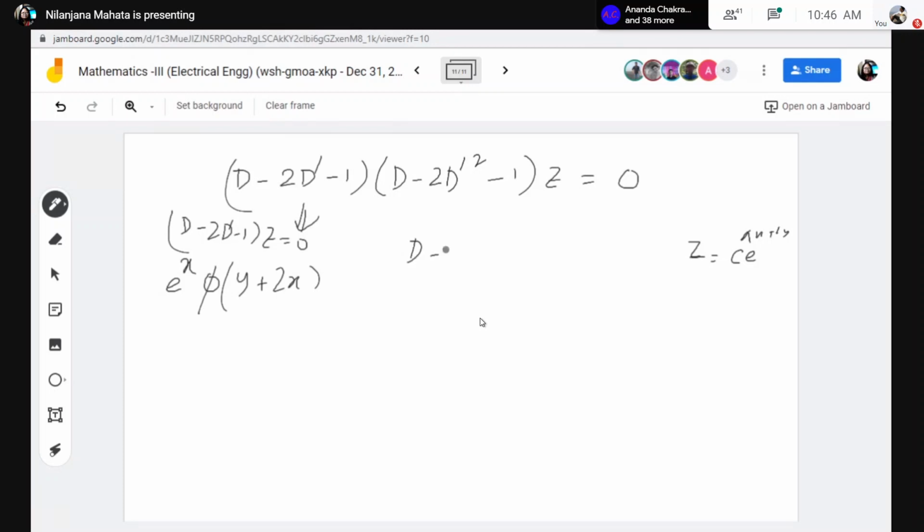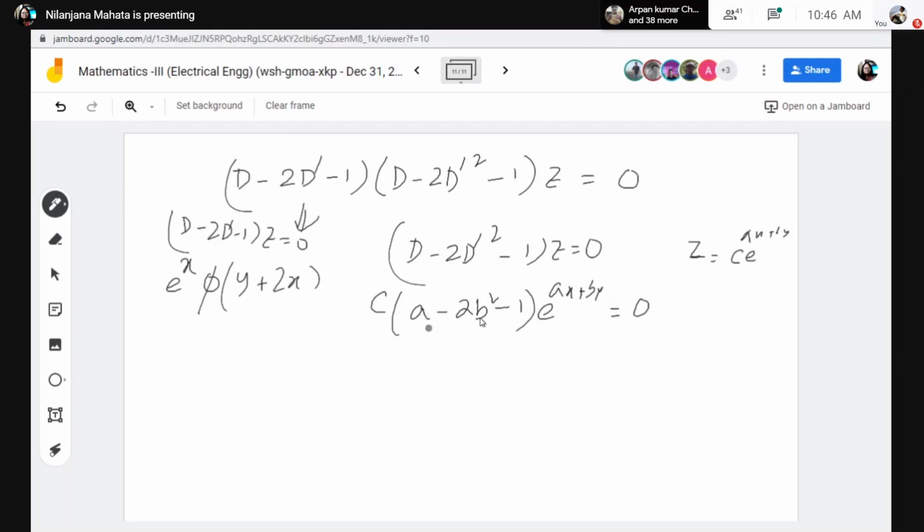And for D minus 2 D dash square minus 1 z is equal to 0, you substitute z is equal to c e to the power ax plus by. So you see this will be a minus 2b square minus 1 times e to the power ax plus by is equal to 0. You know this term won't vanish, so a minus 2b square minus 1 is equal to 0, which implies a is equal to 2b square plus 1.